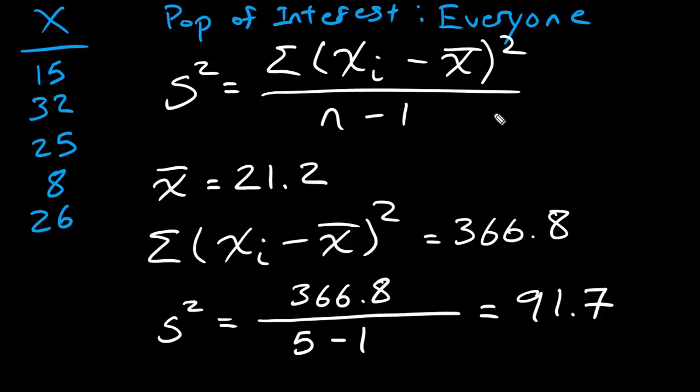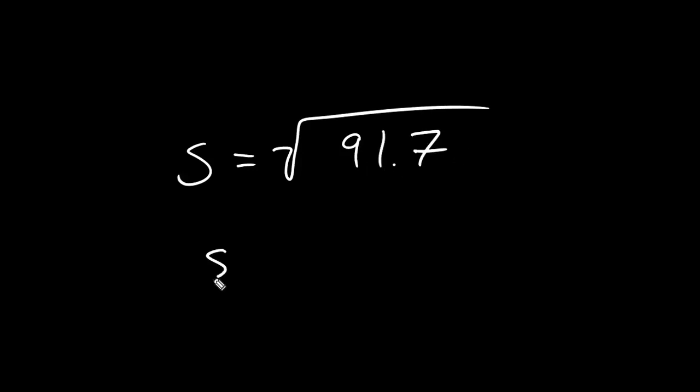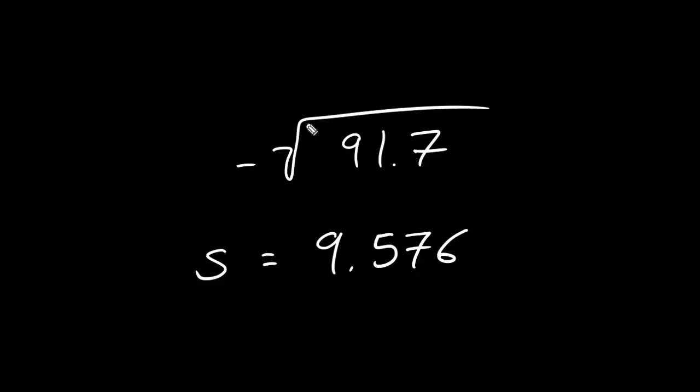And that comes down to the stuff we were doing in the first chapter, identifying when you have population data versus when you have sample data. And then one of the last things, if we wanted to find our standard deviation, we would take the square root of that 91.7, and that would be our sample standard deviation.